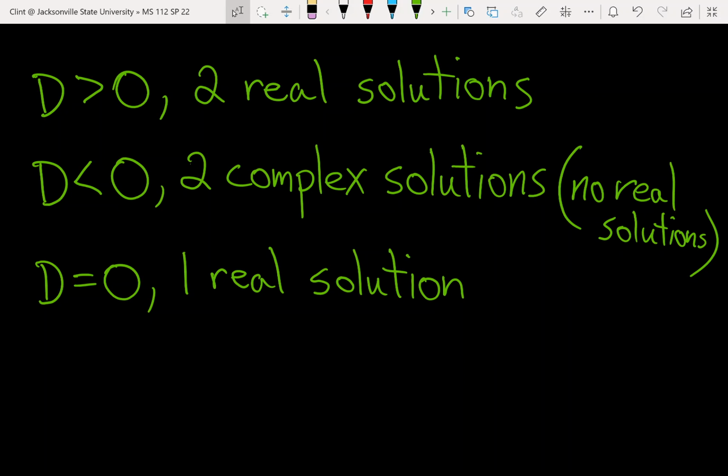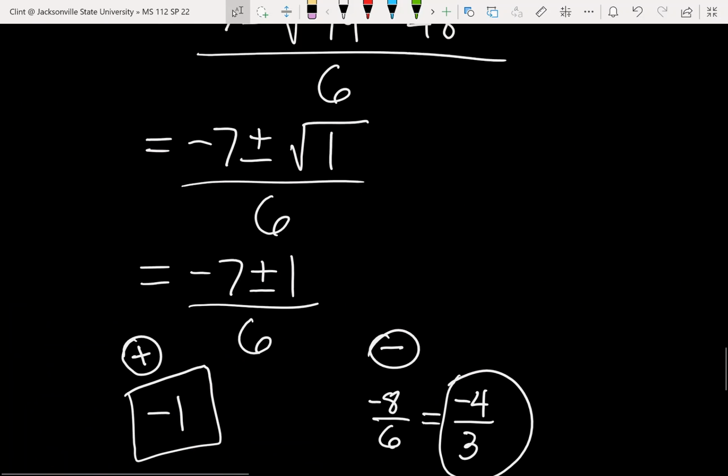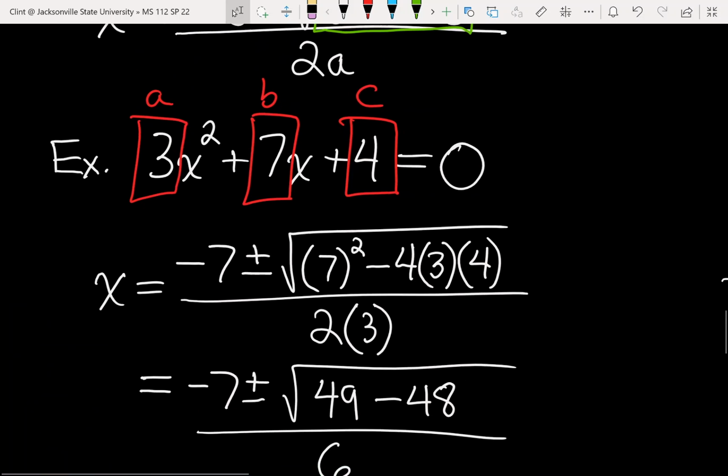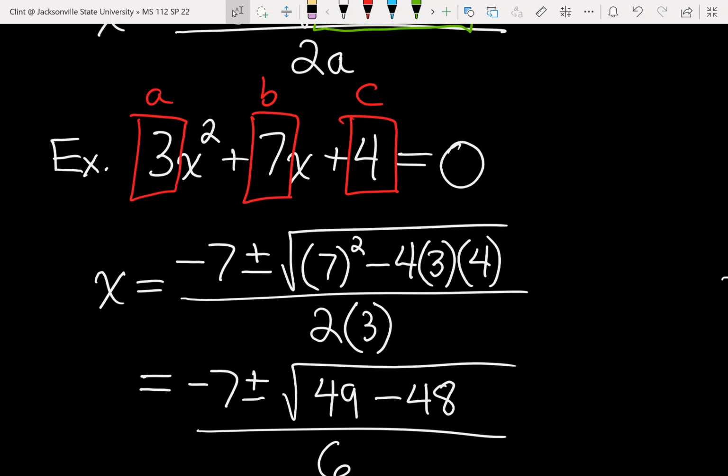And if you practice a little bit, if the numbers are not too big, you can almost do the discriminant part real quick in your head, at least to know if it's positive or negative. And then you kind of know what to expect through the rest of the process.